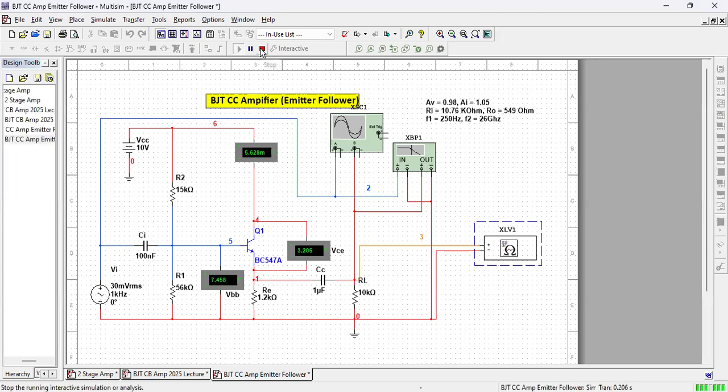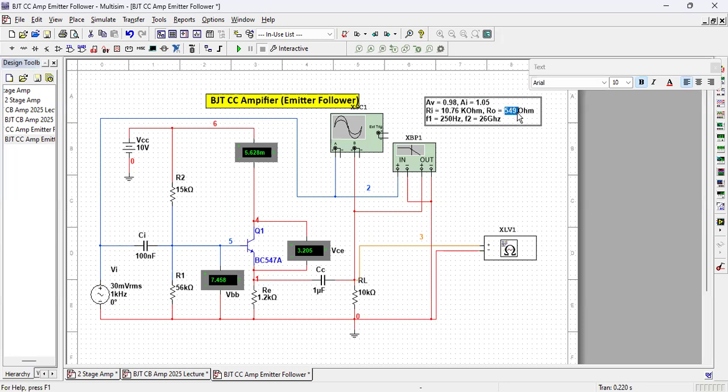It will give you, see, this is the resistance, this is the reactance, and this is the impedance. It is 305.9. Let us say 306 ohm. So output impedance is 306 ohm.